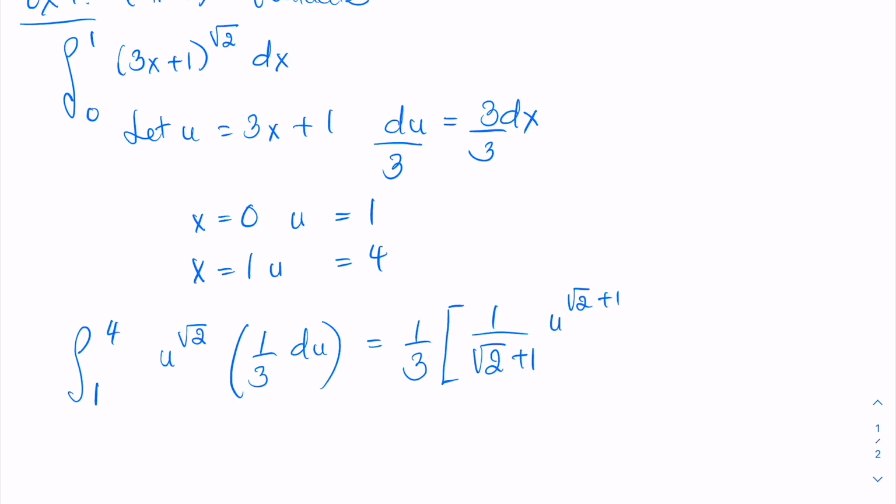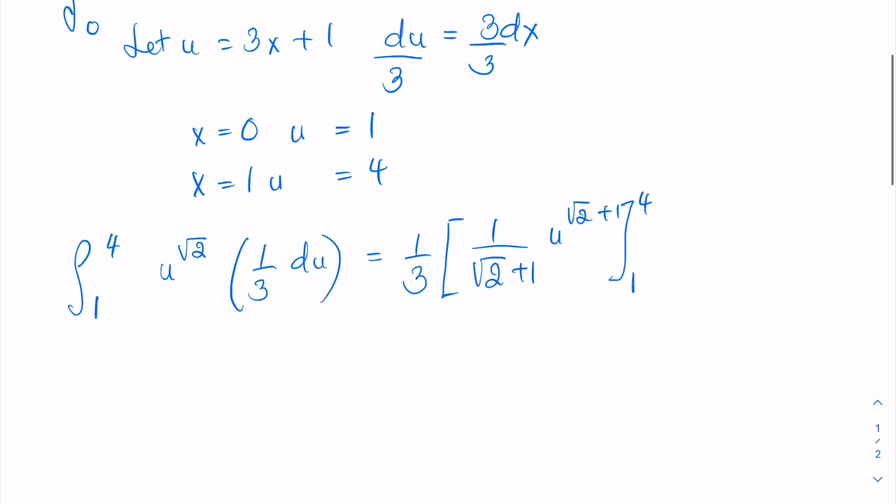We can just write down the number. And then I want to evaluate from 1 to 4. So it's going to be 1/3 times square root of 2 plus 1. And then we have 4 to the square root of 2 plus 1 minus 1. And that's my final answer.